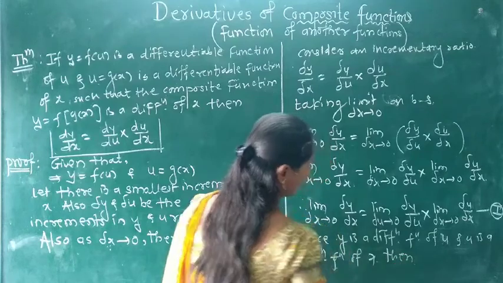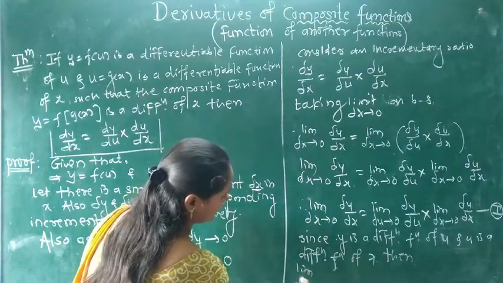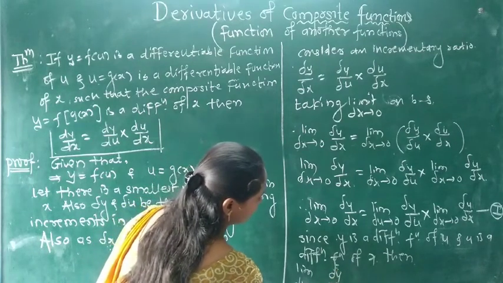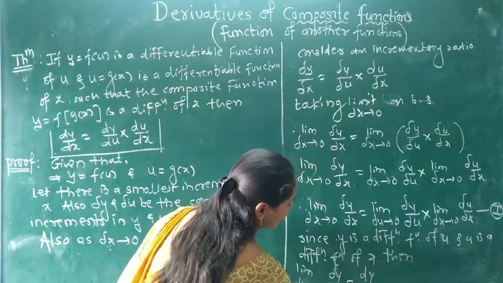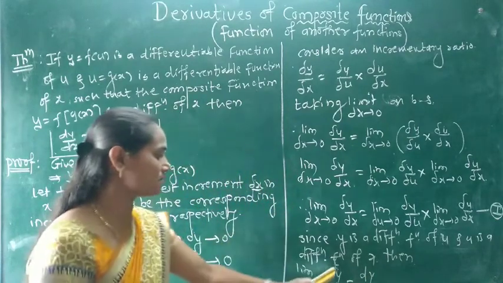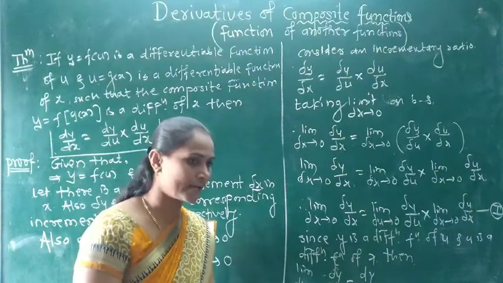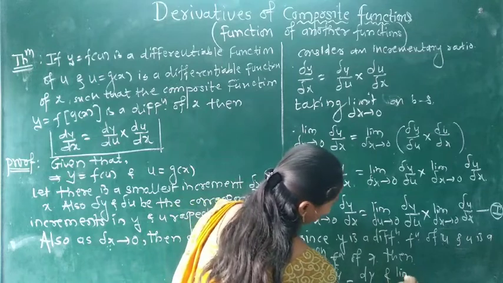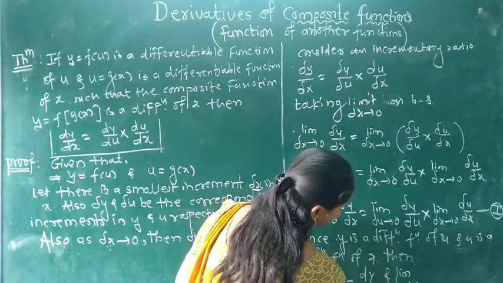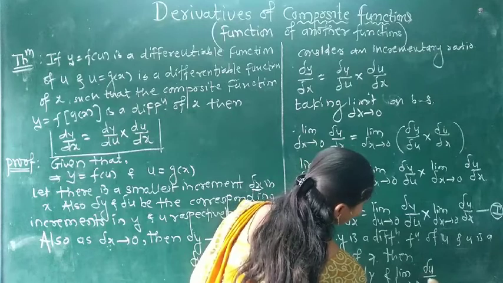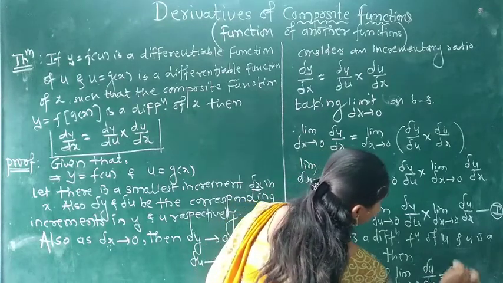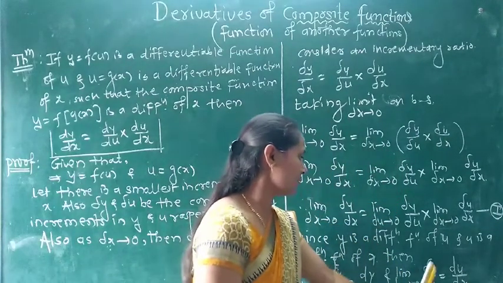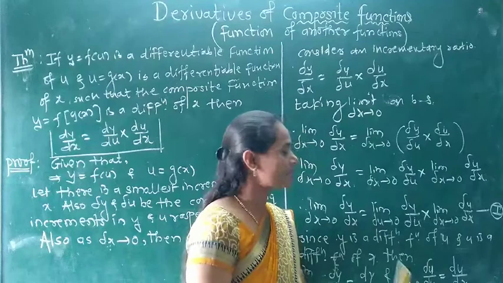Therefore their limits exist. Since y is a differentiable function of u, and u is a differentiable function of x, limit delta u tends to 0, delta y upon delta u is equal to dy upon du, because y is a function of u, therefore the limit exists and is finite. And limit delta x tends to 0, delta u upon delta x is du upon dx, which again exists since u is a function of x and the limit is finite.